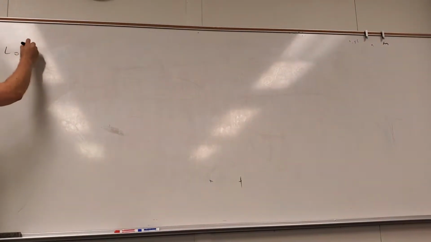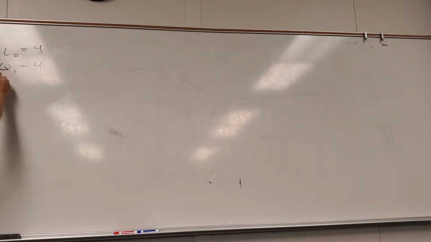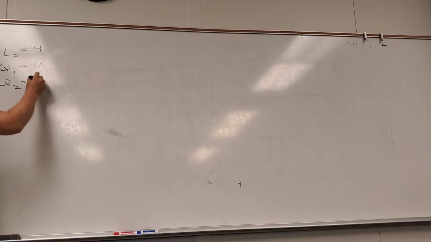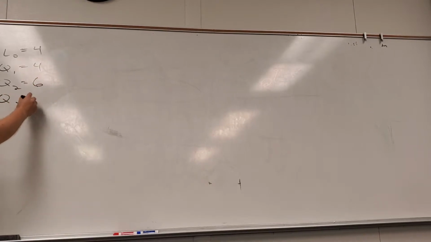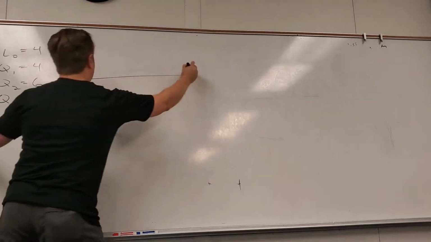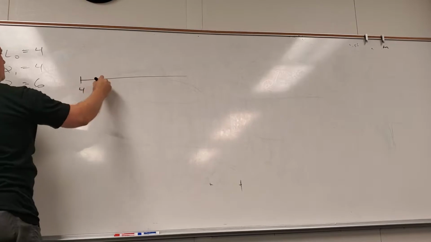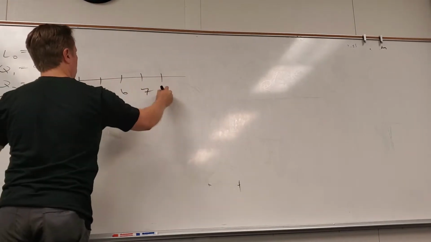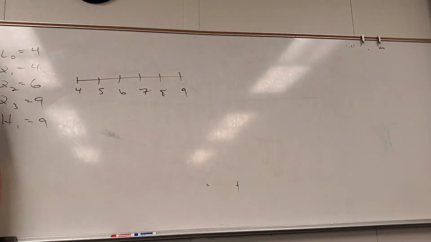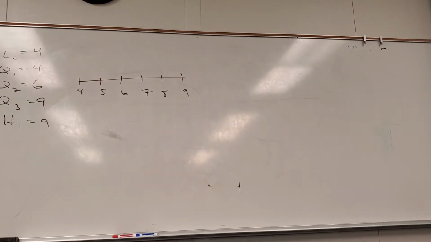The low is 4, Q1 is 4, Q2 is 6, Q3 is 9, and the high is 9. So that's a nice scale for that data. Let's just go through the process.